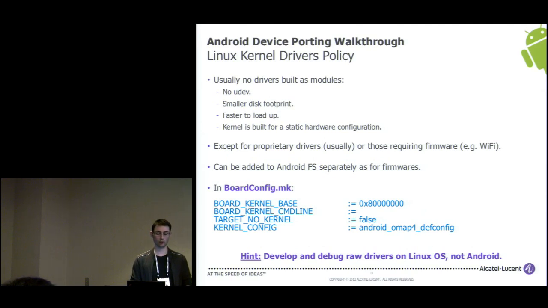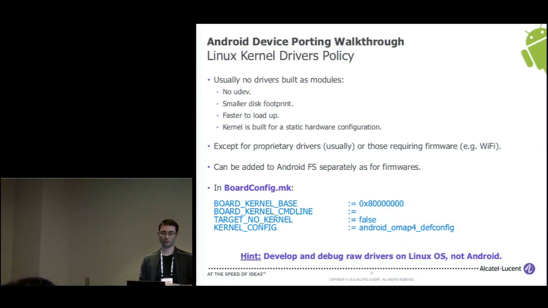What is really important to know is that the kernel policy within Android is usually to avoid having modules. There are multiple reasons for that. First, all Android devices, and the build that you do for devices, are usually meant to run only on your devices and not on other devices. It's not like an x86 distribution that has to run on as much hardware as possible.